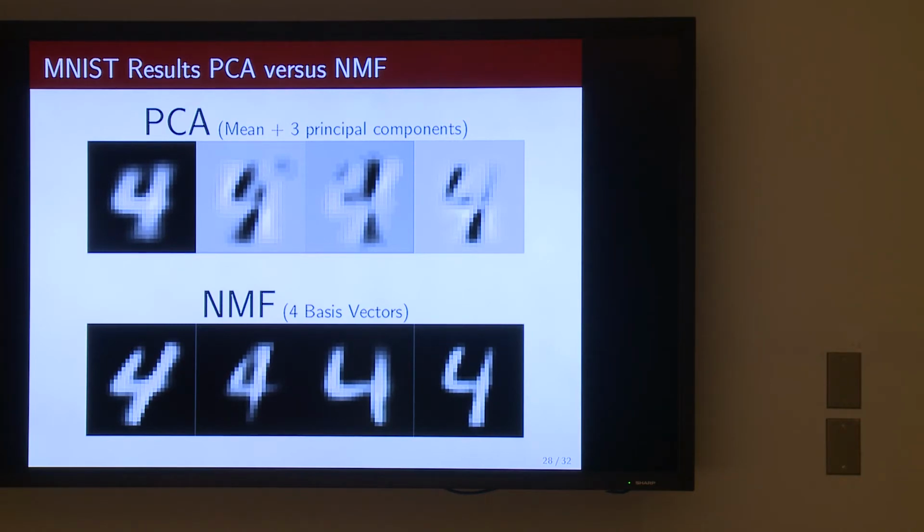A nice thing about non-negative matrix factorization in this case is that the basis vectors more closely resemble fours, and so have maybe more interpretation than PCA. From a reconstruction standpoint, though, PCA is going to be probably as good or maybe better.